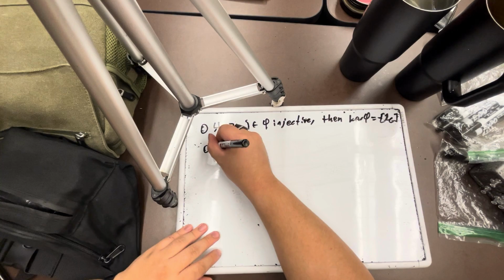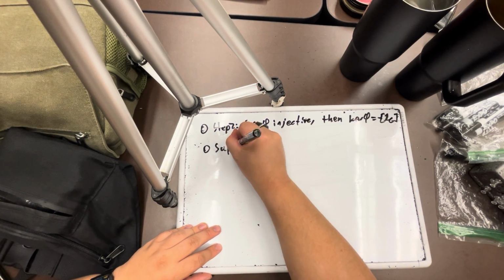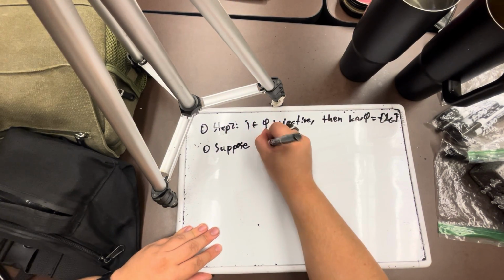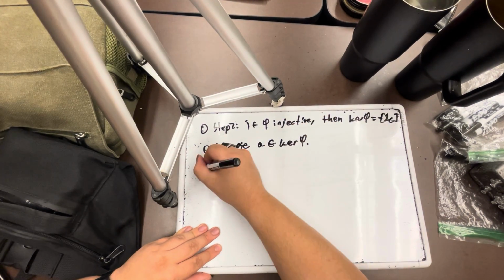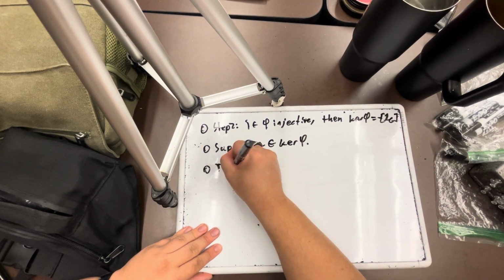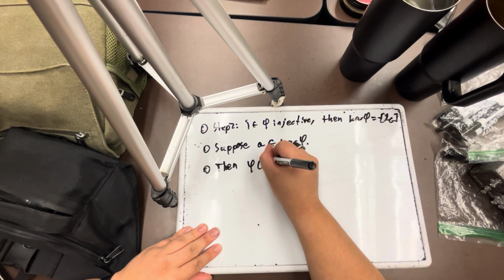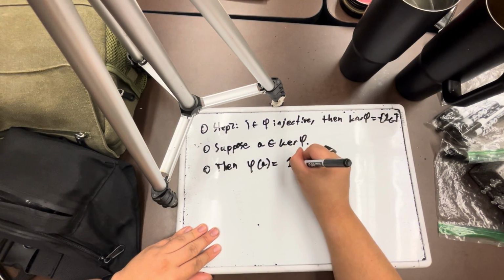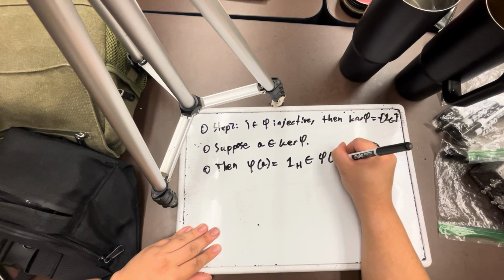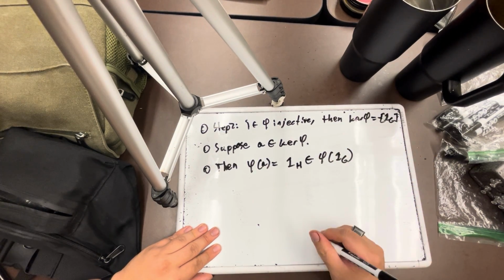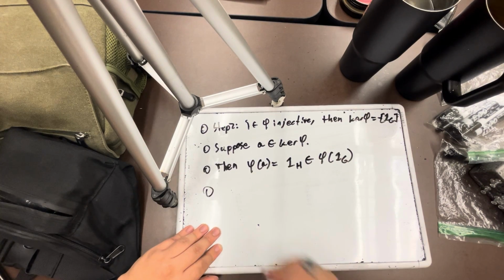So suppose a is within the kernel of phi. Then what we can say is, okay, so phi of a is equal to the identity of H, which is equal to phi of the identity of G. Yes.